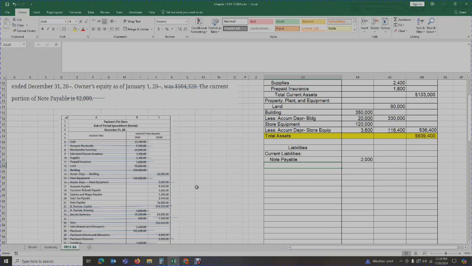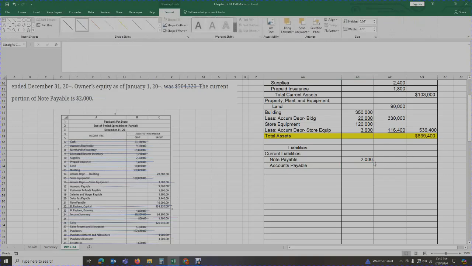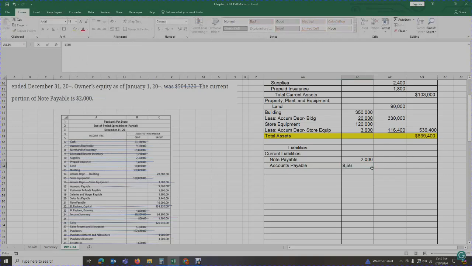From there, I'm going to go to my accounts payable. My accounts payable is $9,560. We're going to bring that in. And accounts payable is an account used for where we're going to be paying anything that we owe short term.